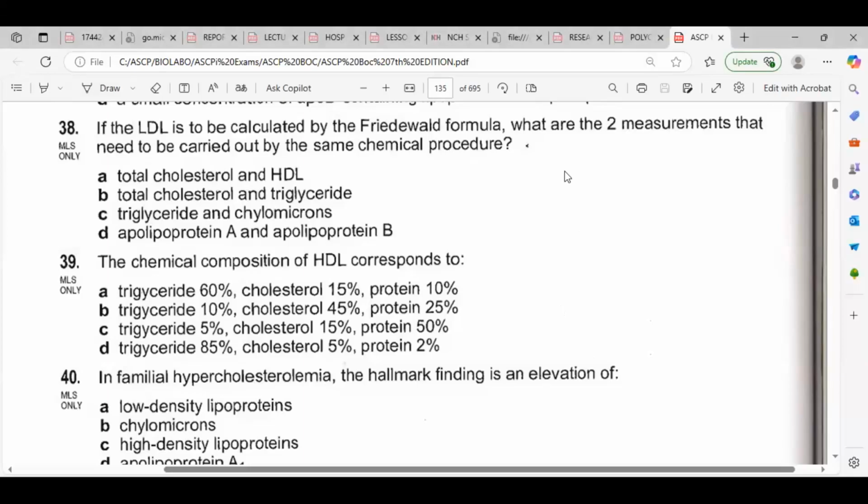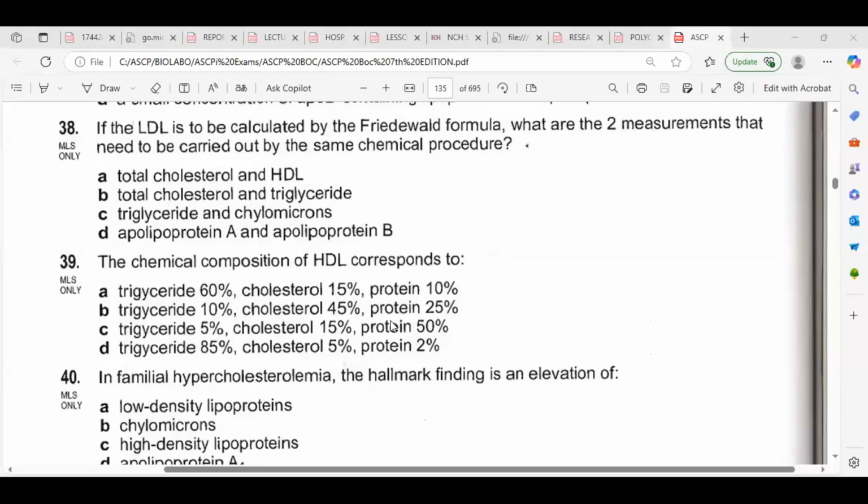In most cases, MLS questions are the most difficult questions here. The other questions are simple. For the carbohydrate topic, we dealt with different other questions, not only MLS questions.